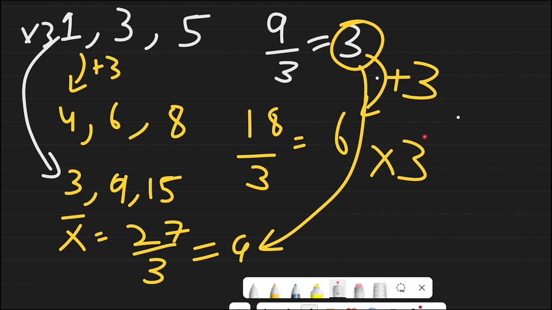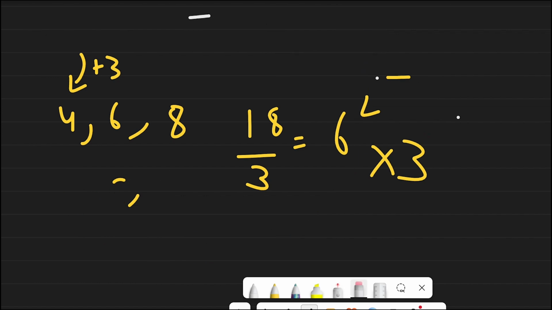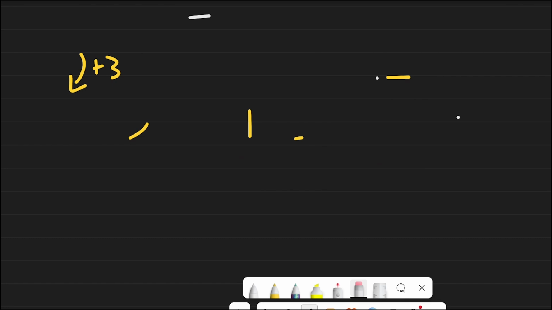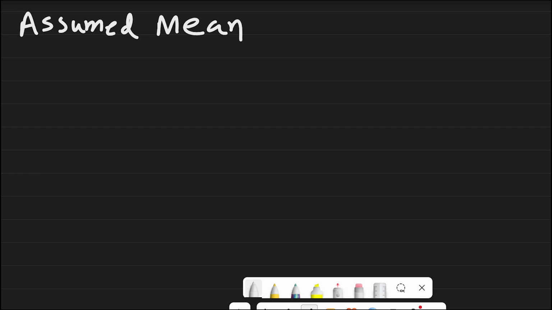If we add, subtract, multiply or divide all the data, the mean would be affected in the same way. Okay, so let me now consider an example. Now we're moving on to a question. Let me write some data over here.